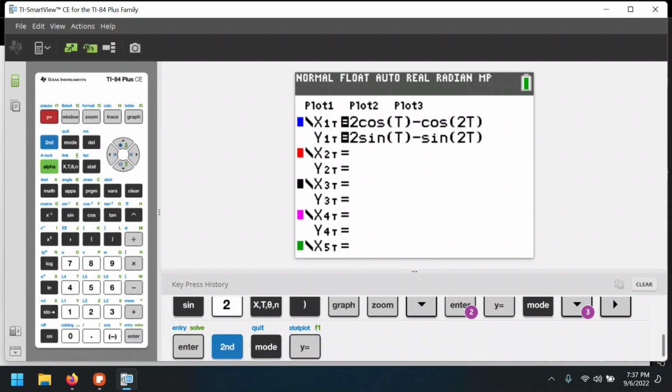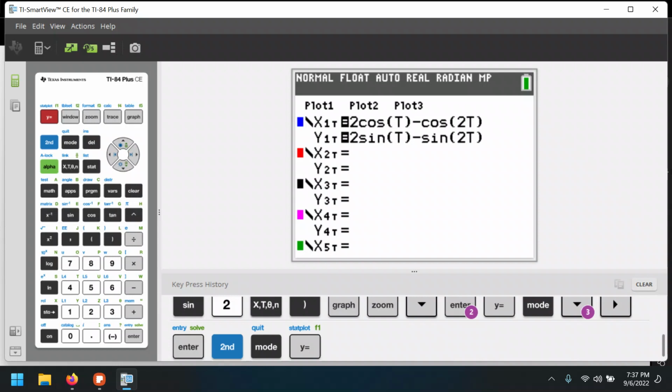Now when you click y equals, you will have a set of two parametric equations, one for x and one for y. We just type each corresponding component for this given vector valued function. Thank you. Yeah, my pleasure.